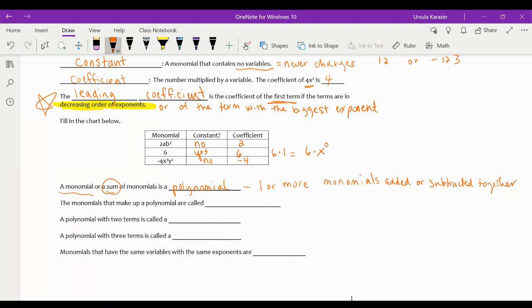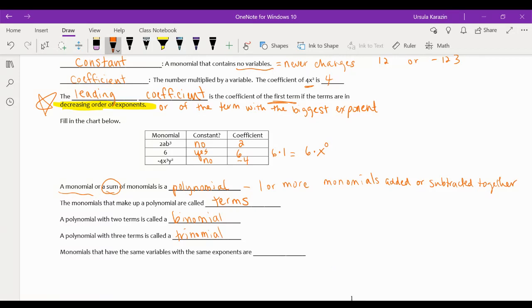The monomials that make up a polynomial are called terms. A polynomial with 2 terms, okay, remember this, guys? Think of 2 terms, think of 2 wheels, binomial, a bicycle. Three terms, think of some kind of bike with three wheels, would be a trinomial, right?